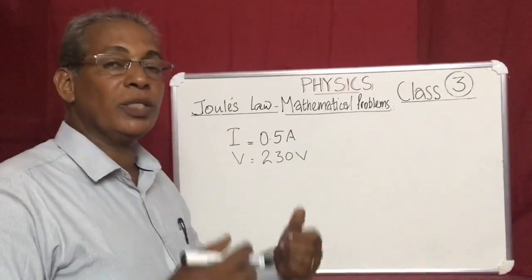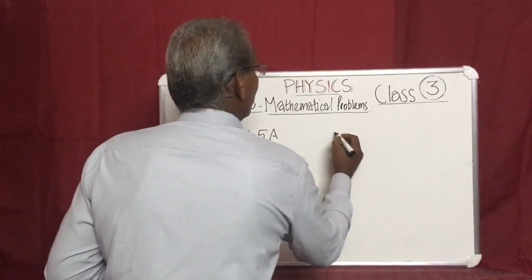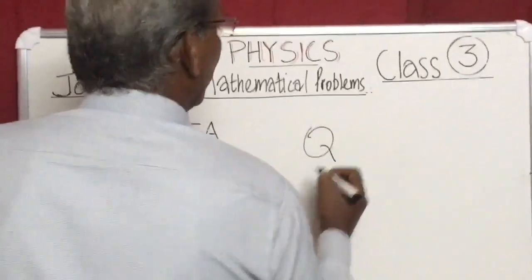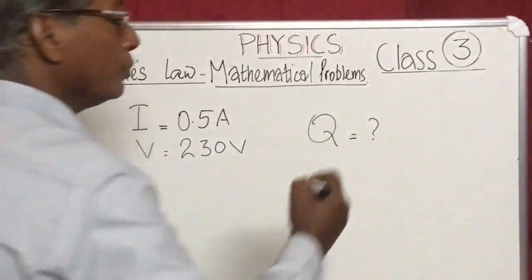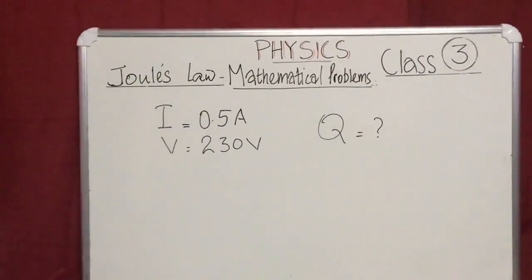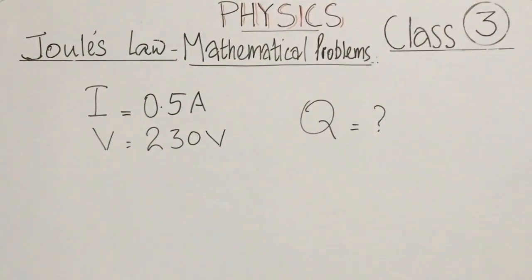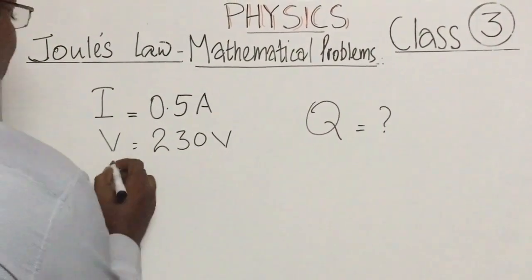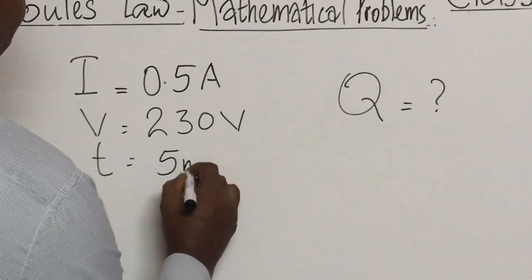What is quantity of charge? We have studied in the first class. Q is the letter, quantity of charge, that we have to calculate. Quantity of the charge that flows through the circuit in 5 minutes. So time on the data side is 5 minutes.